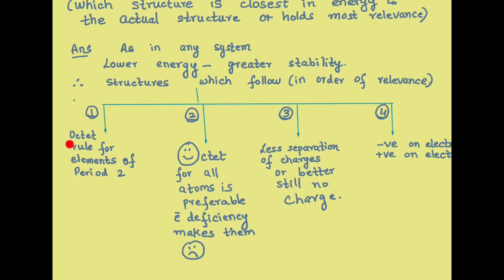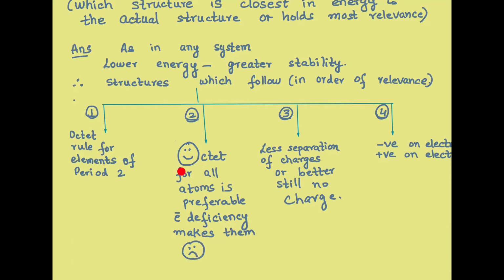First and foremost, you don't overload the babies. The period 2 elements always have to be in the octet rule. Second priority, if possible, why not octet for all of them, right? Electron deficiency makes them sad.